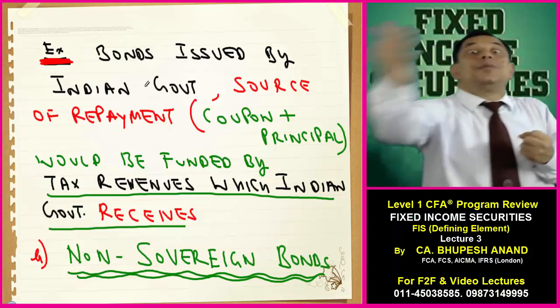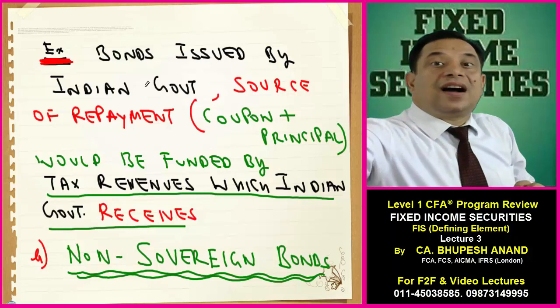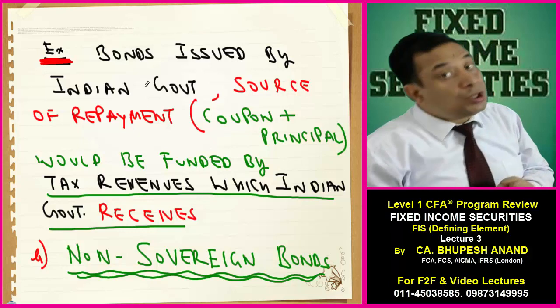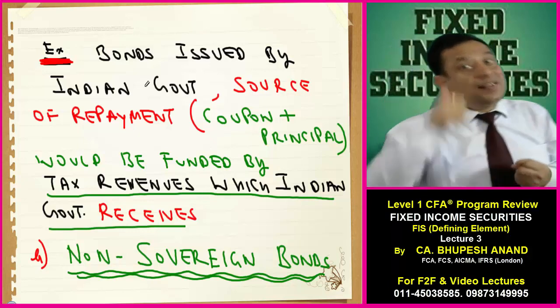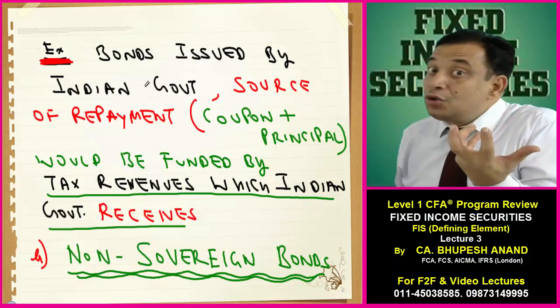For example, a toll bridge, or highways, National Highways Authority of India. So bonds issued by these types of corporations are named as non-sovereign bonds, and there are two sources. One source is taxing authority, and the second is the revenue from that project.